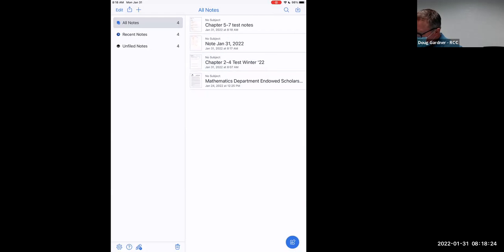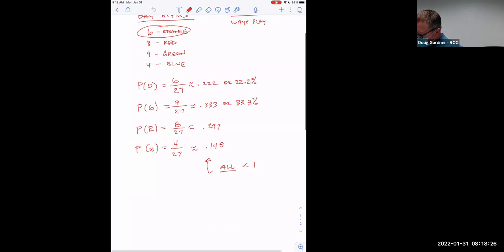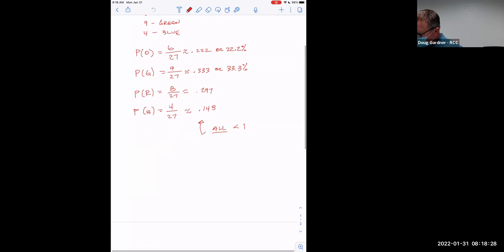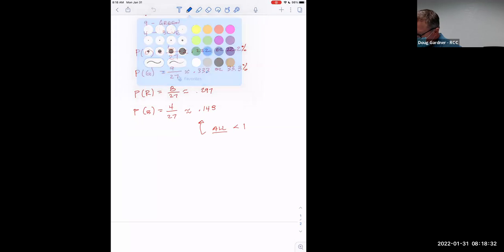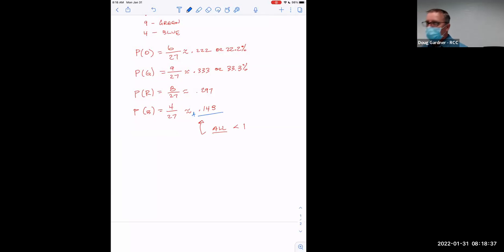So what do you notice about the rest of this? You have a calculator. What happens if you take these probabilities right here and add them all up? Now I rounded them all off, but what happens if you add up these probabilities right here?